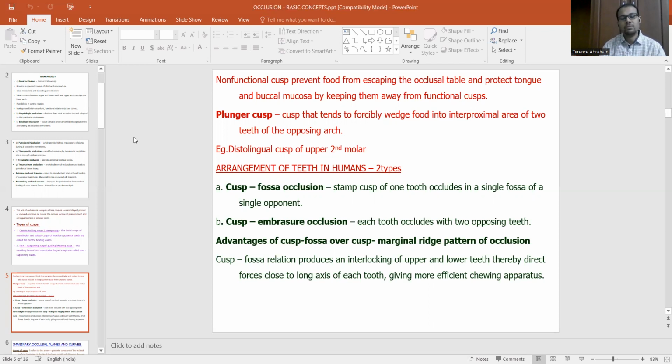Cusp embrasure means one tooth occludes over the interdental area between two teeth of the opposing arch. The main advantage of cusp fossa over the cusp marginal ridge pattern of occlusion is that it produces maximum interlocking of upper and lower teeth. Thereby, it can direct forces along the long axis of the teeth, which produces efficient chewing during mastication.